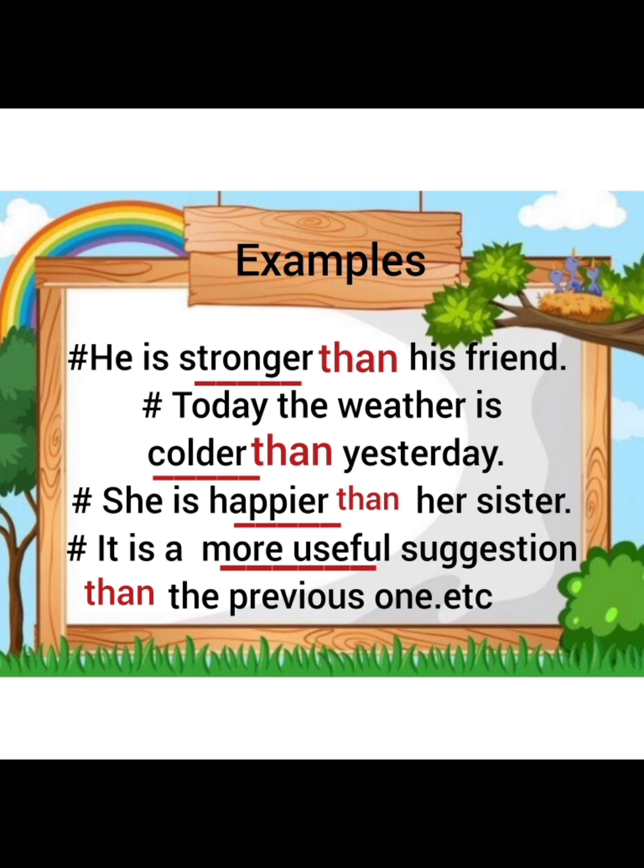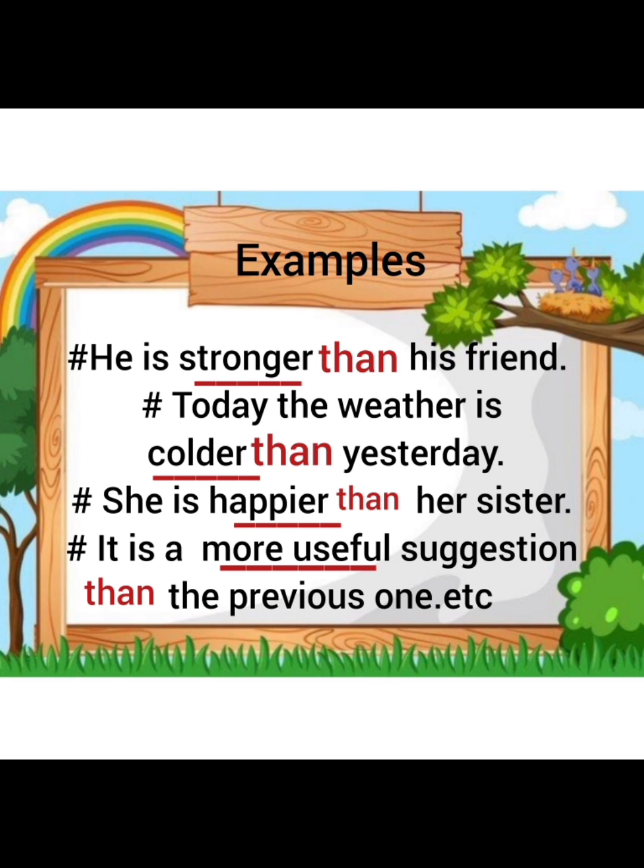Here there is a comparison of two people in this sentence. Today the weather is colder than yesterday. She is happier than her sister. It is a more useful suggestion than the previous one. So in these examples, the comparison of the two objects has been made.